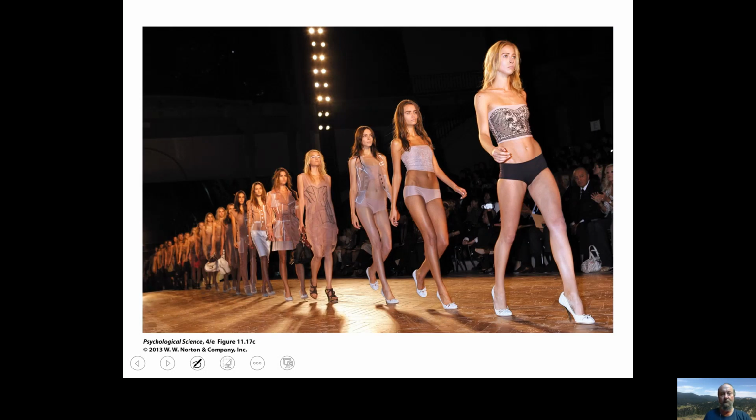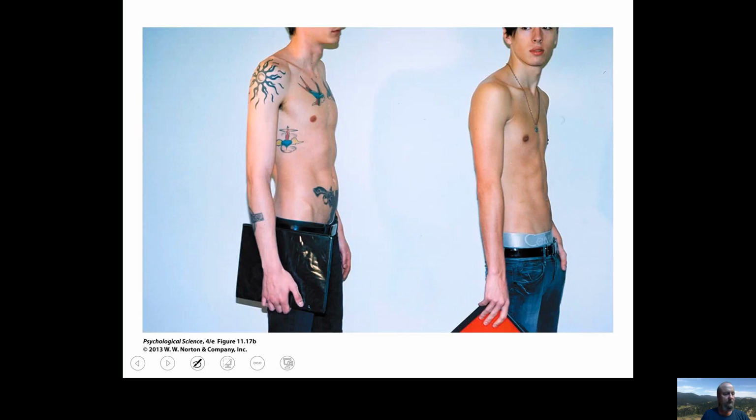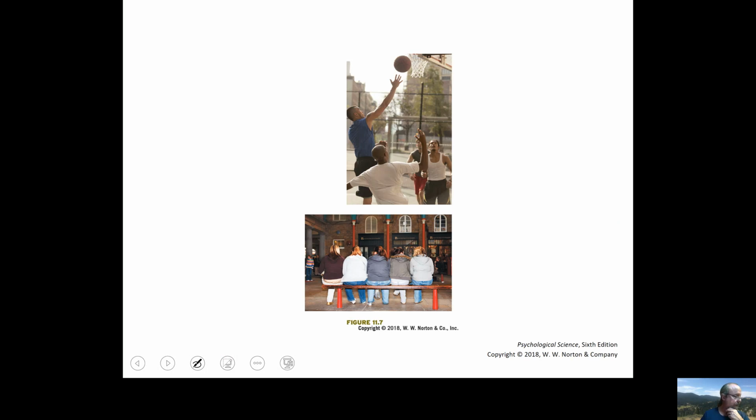Here's the opposite. Here are the very cachectic looking people. These are from the earlier 4th edition. I kept them in because I think it really shows body habitus. These guys look horrible, actually. And this is from the current text.